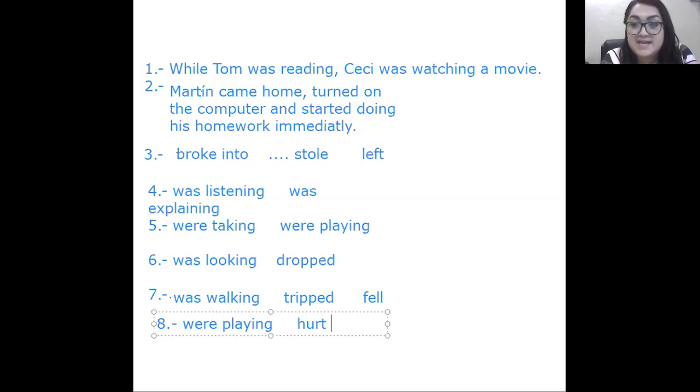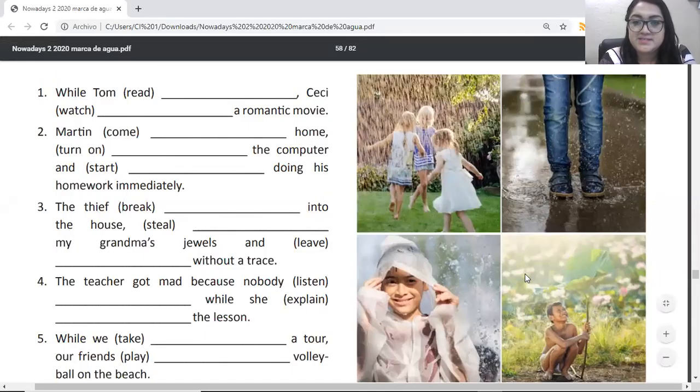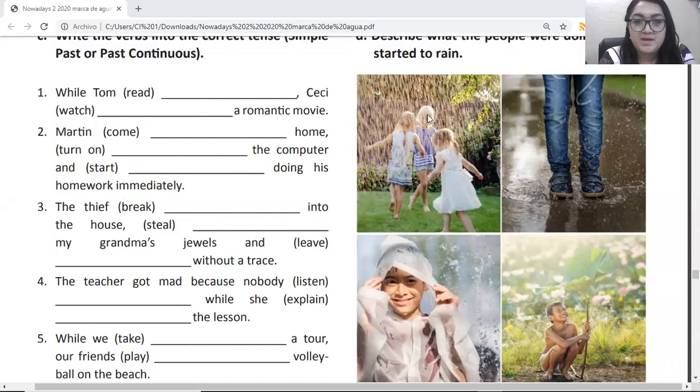Let's check the next exercise. We have it here. I really hope you are writing in this. Describe what people were doing when it started to rain. Okay, we have 4 pictures. Tenemos 4 imágenes aquí y vamos a escribir qué estaban haciendo ellos. So let's write.